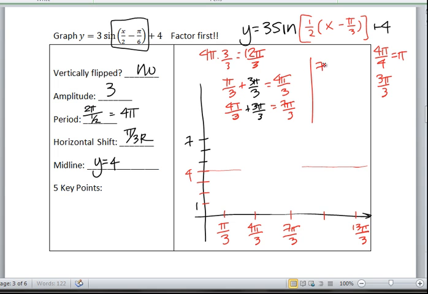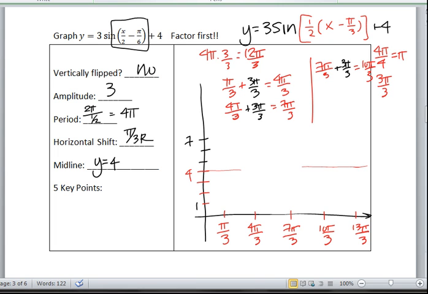And then I take my 7 pi over 3, and then to that I add 3 pi over 3, and that's 10 pi over 3. And if I add 3 pi over 3 to 10 pi over 3, I get 13 pi over 3, and that is all that I need.